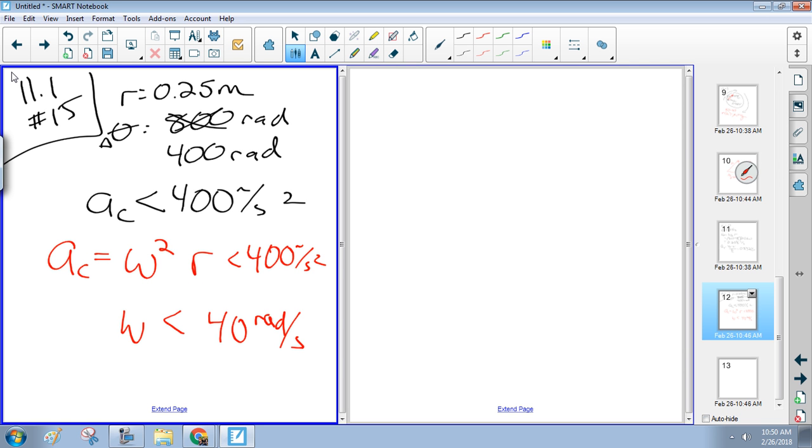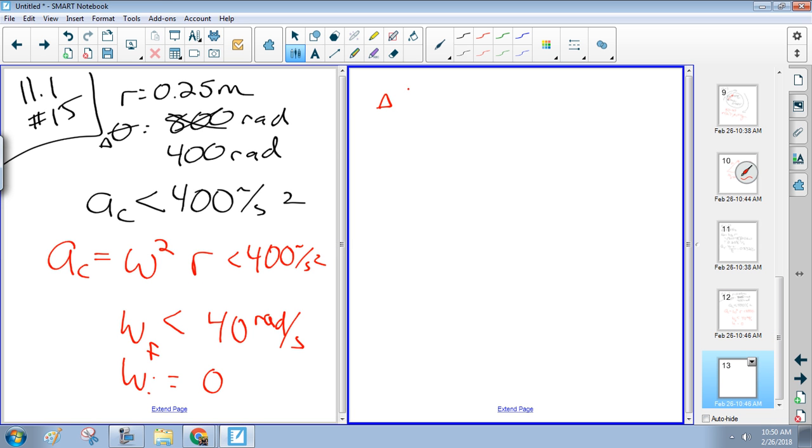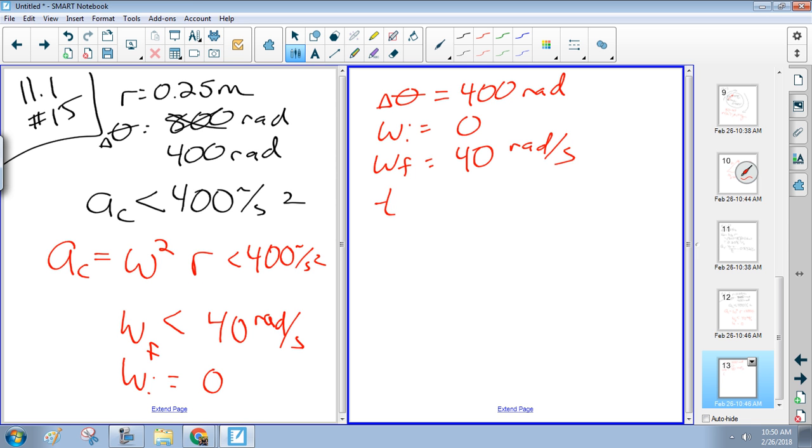All right. So we're talking about the speeding up part. Our final angular velocity can't go above that, right? What's our initial angular velocity, guys? 0, right? So now the angular values I know are as follows. My angular position has got to increase by 400 radians. My initial angular velocity is 0. My final angular velocity is 40 radians per second, and we're looking for time.